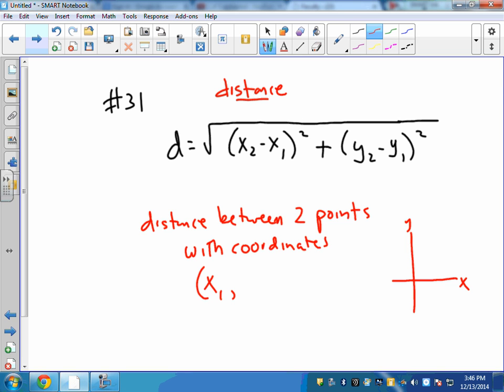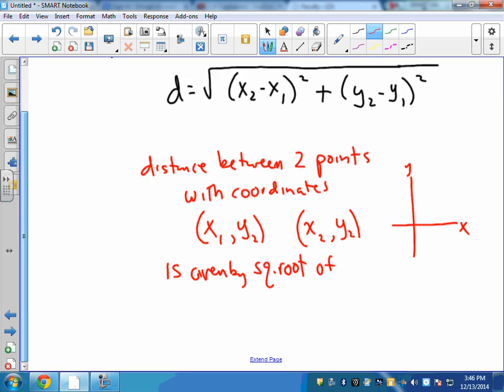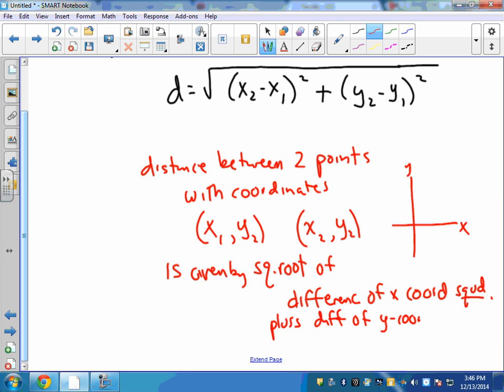The first x coordinate and the first y coordinate, and the second x coordinate and the second y coordinate, is given by the square root, and you could abbreviate some of this if you want, of the difference, that means subtract, of x coordinates squared, plus the difference of y coordinates squared.